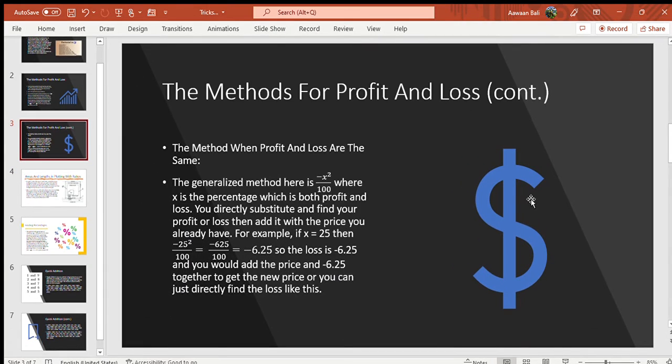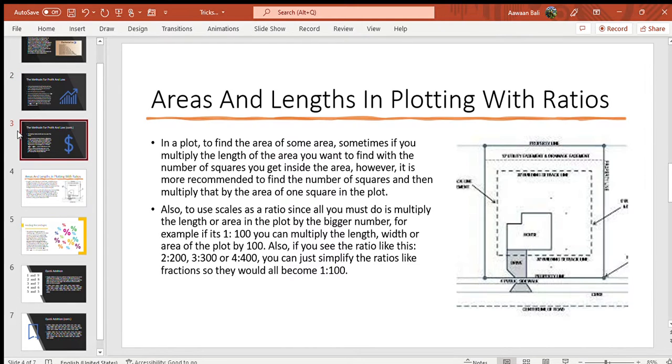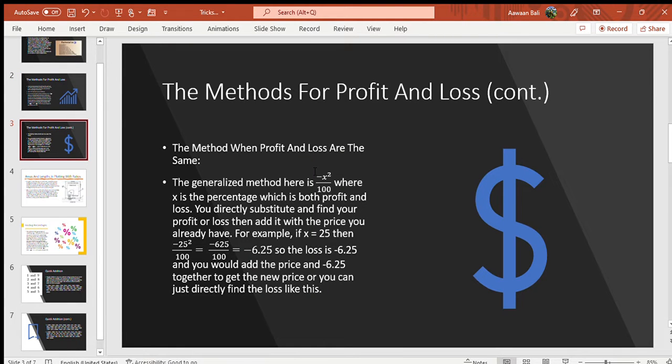Now there's the method where the profit and loss have the same percentage. So the generalized method uses minus x squared upon 100, where x is the percentage which is both profit and loss. So that means you could say x would be 10, so that means there's 10% profit and 10% loss. You directly substitute and find your profit or loss, and then add it with the price you already have.